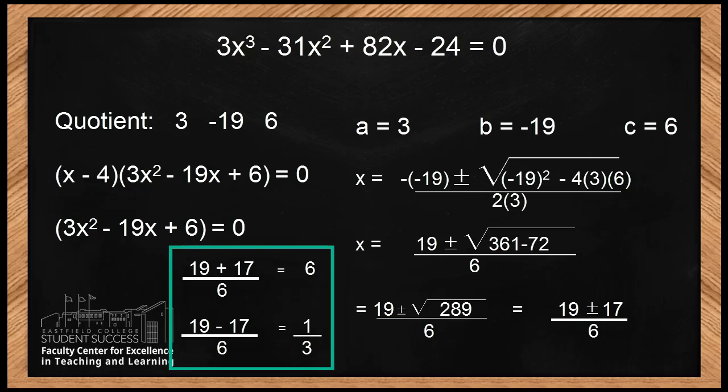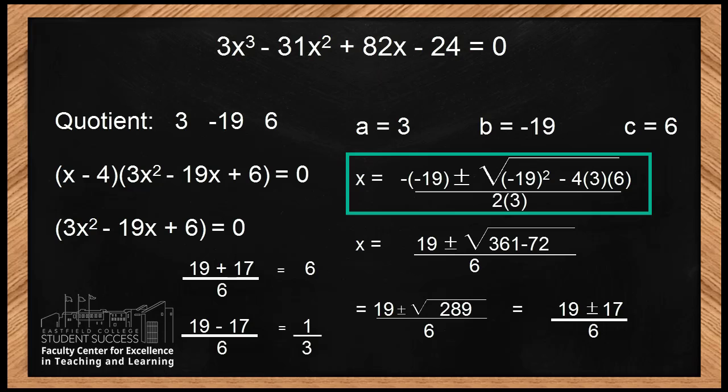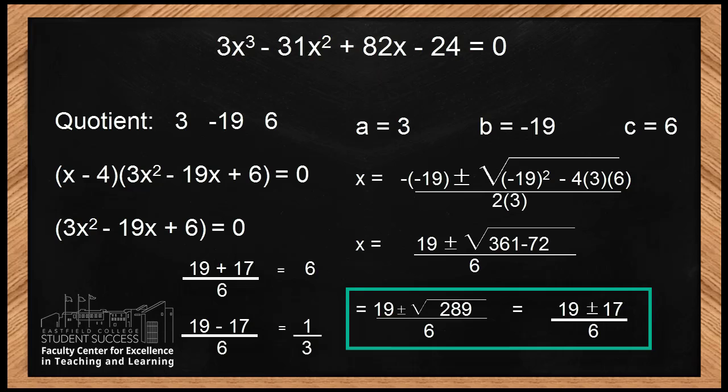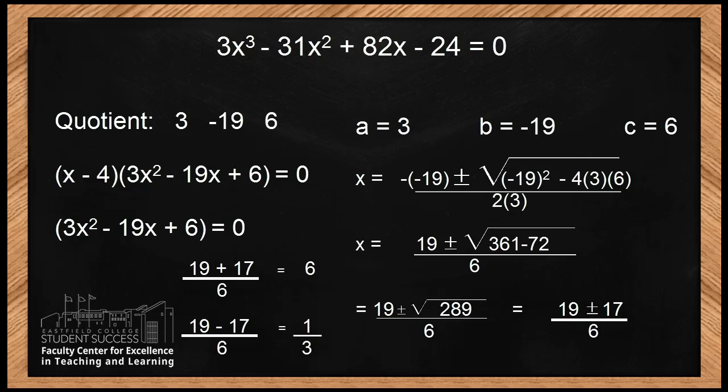Okay, so what did we get? Well, let's go back. Notice at the very beginning when I started to fill in all the a's, b's, and c's into the quadratic formula, I wrote x equals. And we simplified and simplified, so now we have 2 solutions for x. x equals 6, and x equals 1/3. But don't forget, remember how the problem gave us that 4 was a 0?